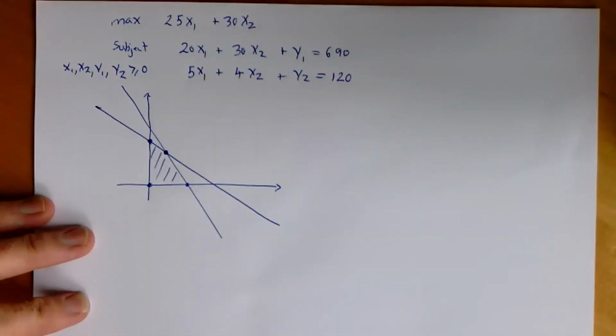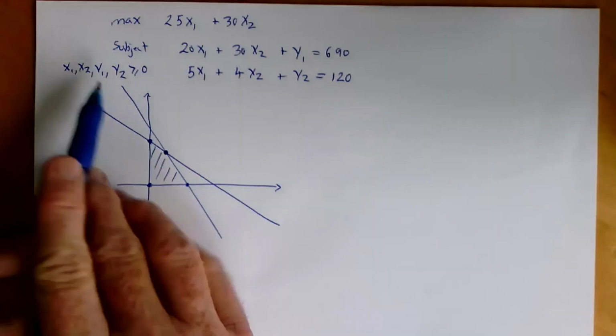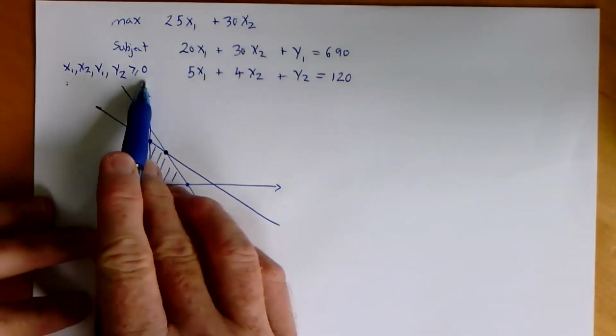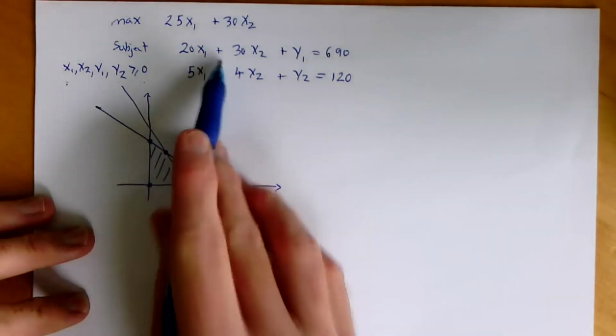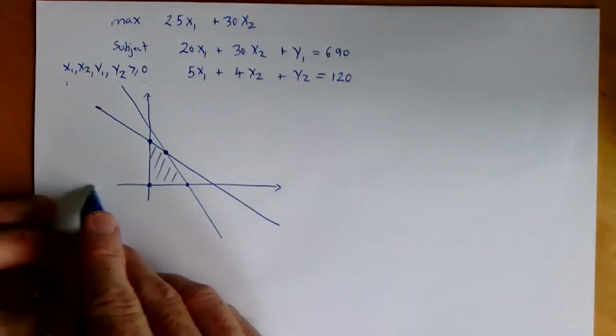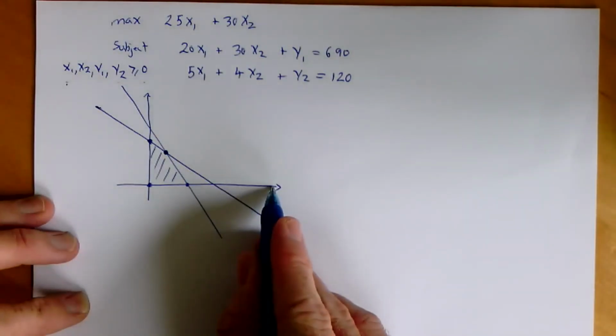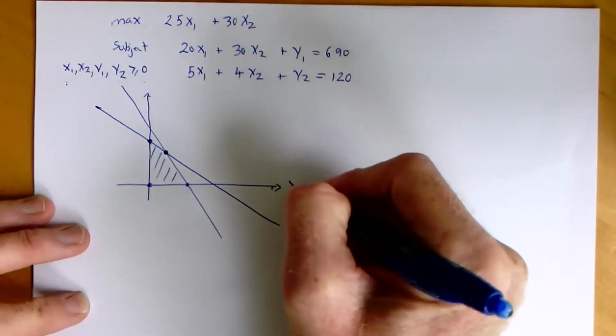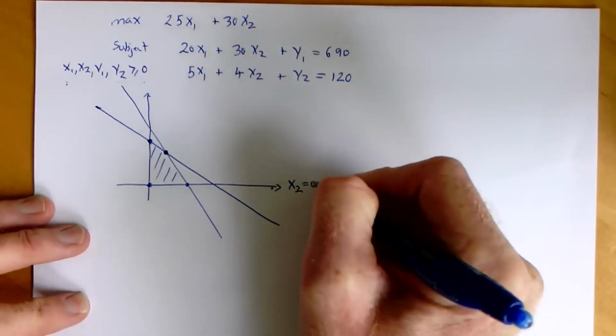And what I've drawn here are the lines that correspond to each of these constraints, right here and here, right? So we have this, for example, which we might often label x1, but in fact this corresponds to x2 equal to 0.